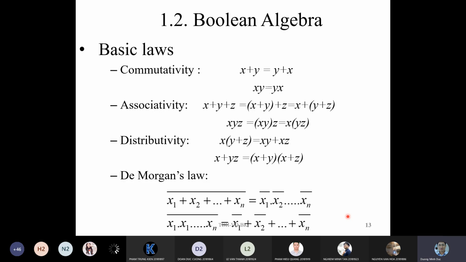Okay, so please remember, for the scalar system, for the logical system, commutativity is satisfied. But for matrix operations it is not. It's totally different. Okay.